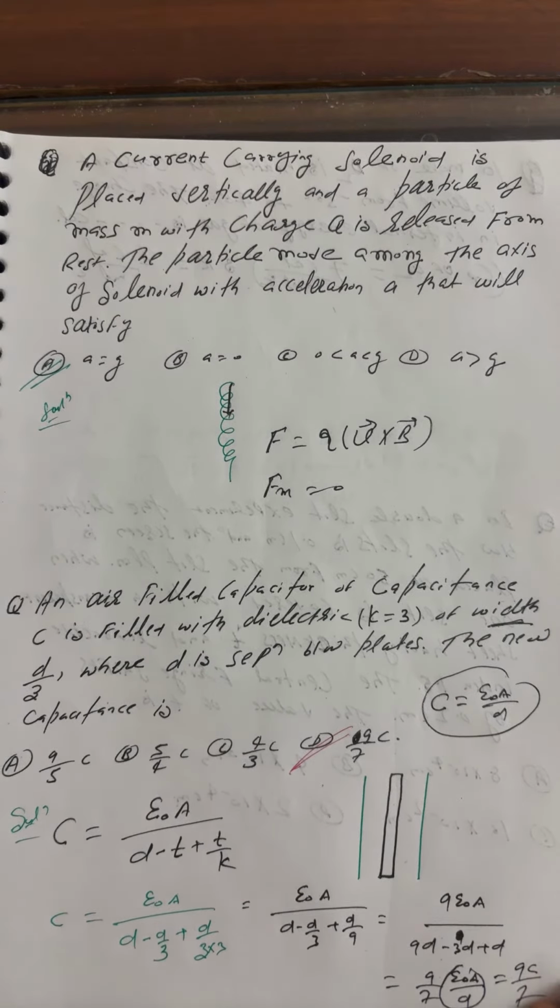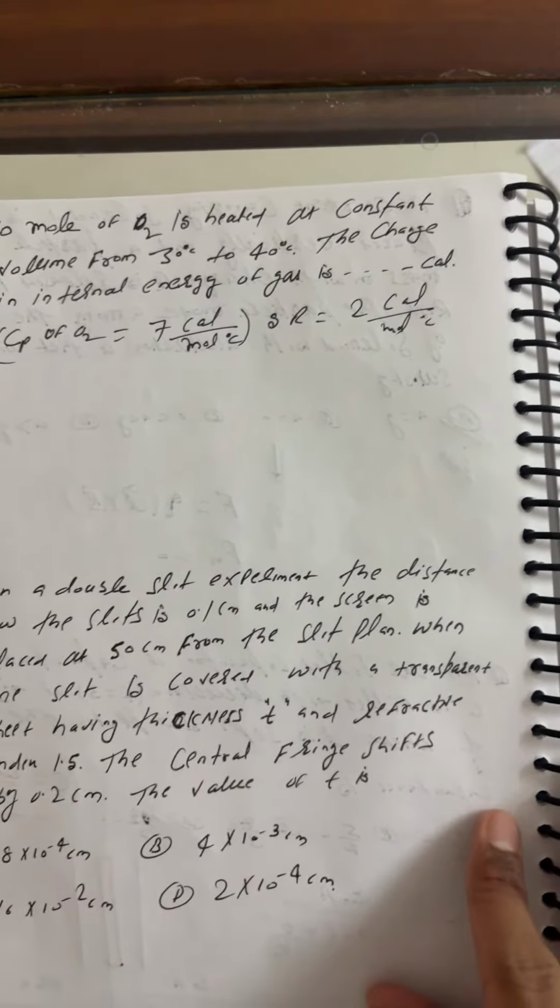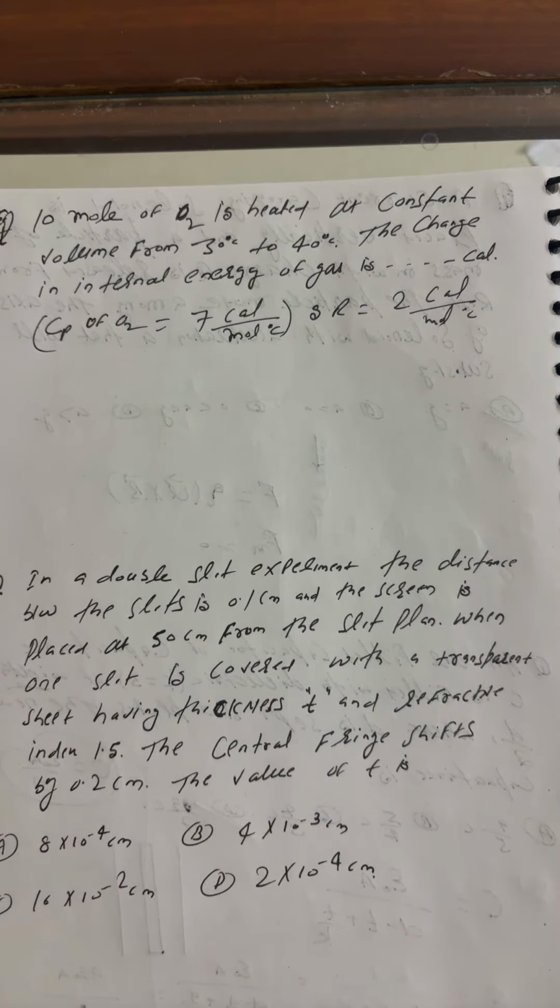Now let's have a look at the next question. Students, this question is from thermodynamics. 10 mole of O2 is heated at constant volume from 30 degrees Celsius to 40 degrees Celsius.